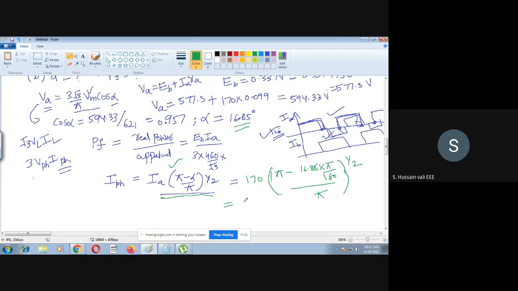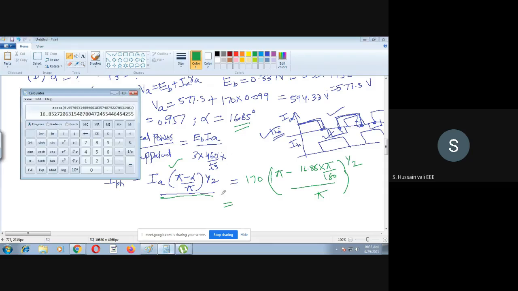That is the I phase. So see, 16.85 divided by 180 multiplied with pi, minus 3.14 pi, 3.14 you make it as plus, divided by 3.14, over square root.